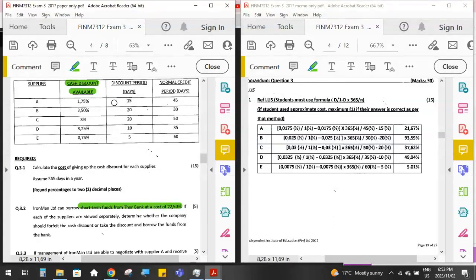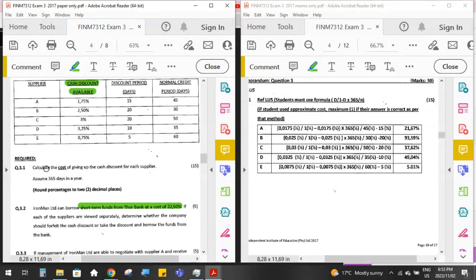So if we made a purchase in January, all our January purchases, we have to pay by the 15th of February in order to be able to take this discount. The normal credit days is in this column over here. So if we don't take the discount, we're allowed to wait 45 days and then pay the account and still not be in trouble with our supplier.